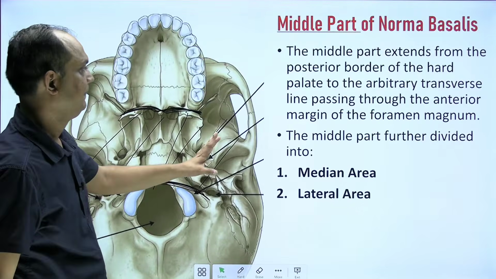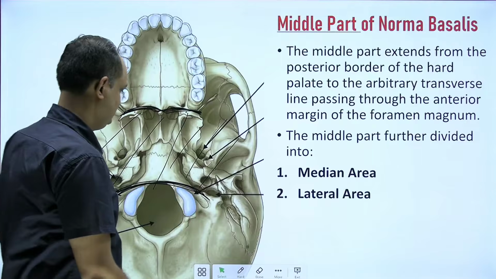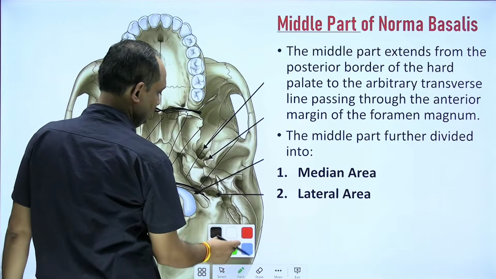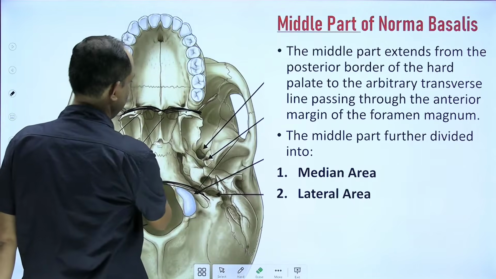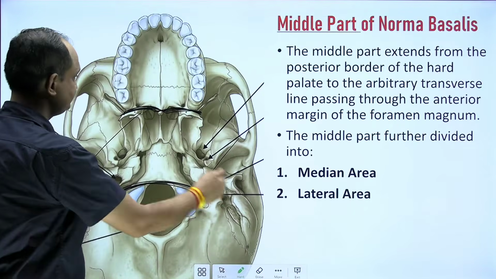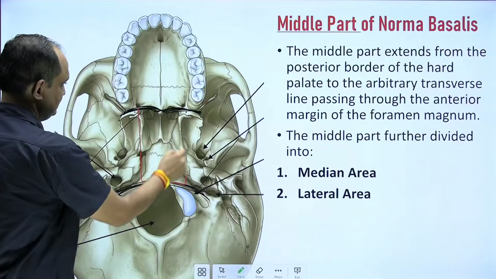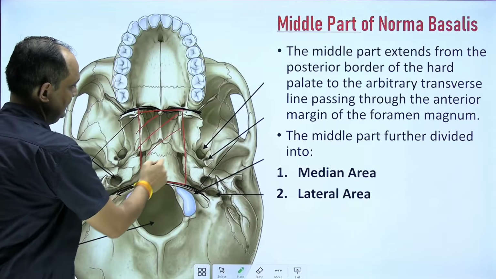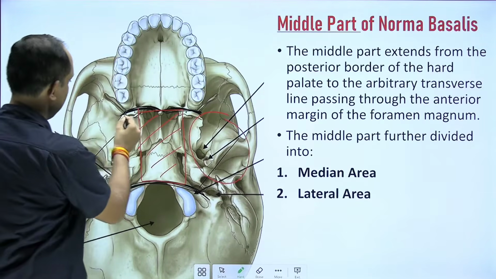Norma Basalis. Now, when you see the Norma Basalis, you have two areas. For study purposes, we will divide this area into two parts. First is the middle portion, so we will discuss this area, and then the lateral portion, that means these two areas.